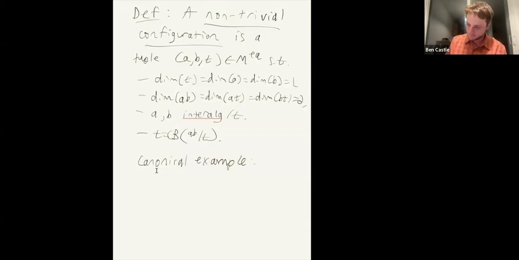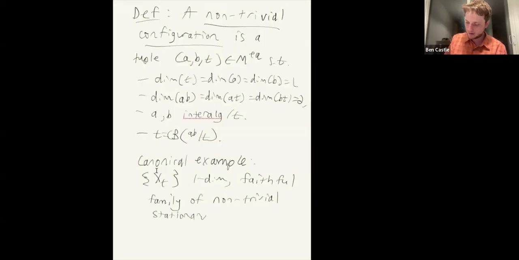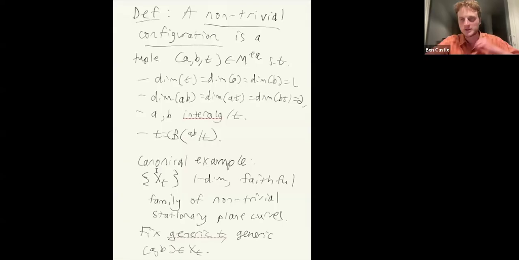The canonical example is if X_t is a one-dimensional faithful family of non-trivial stationary plane curves, which is what exists if you're non-trivial, then we just fix a generic T, and then a generic AB from X_t. And you get this configuration.